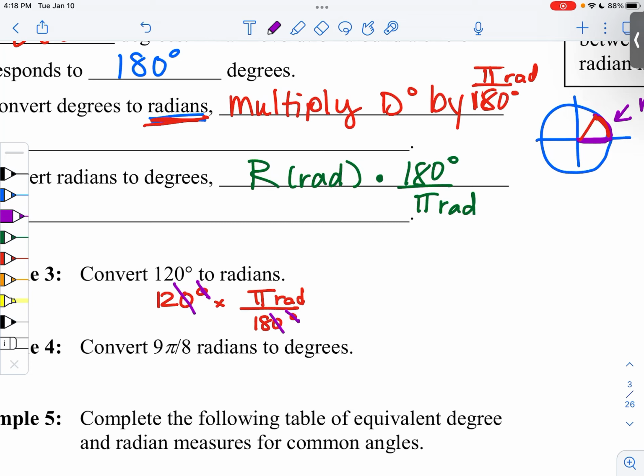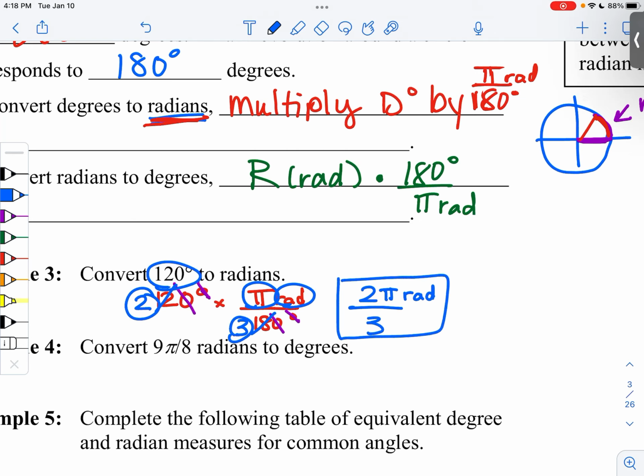And 12 over 18 can reduce by 6. So 12 divided by 6 is 2, 18 divided by 6 is 3. So what I'm left with is 2 times pi radians all over 3. So 120 degrees is equivalent to 2 pi over 3 radians.